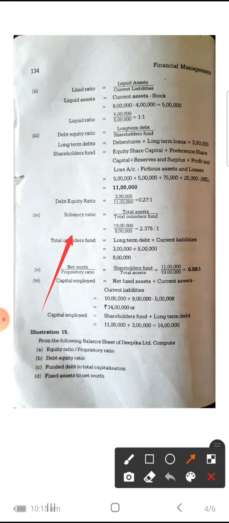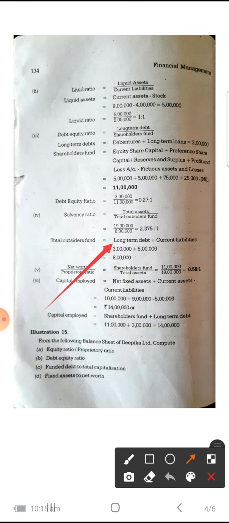Next is solvency ratio. Solvency ratio is equal to total assets divided by total outsiders fund. Total assets, if you check the balance sheet, is 19 lakh. Outsiders fund, you have debentures and loans.